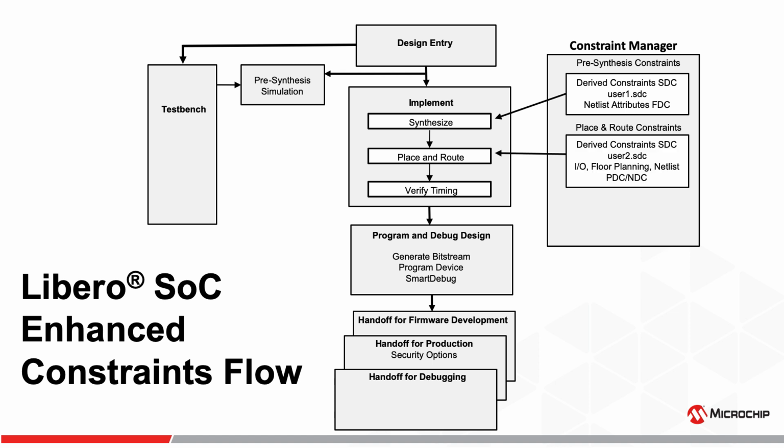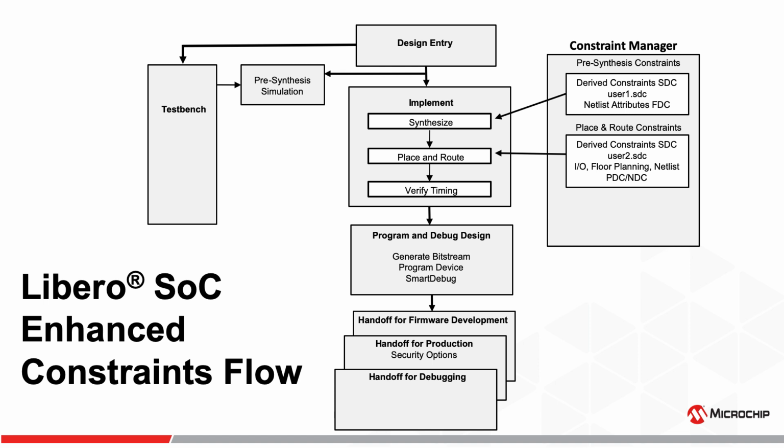At the place and route, before placing and routing the design, you actually need to give the design constraints, which is again timing constraints, the .sdc file. And you also need to give IO constraints, floor plan constraints, and the NDC constraints, which is netlist design constraints.